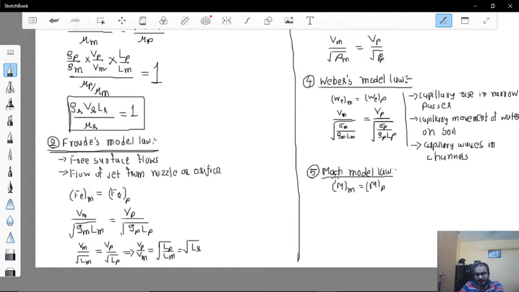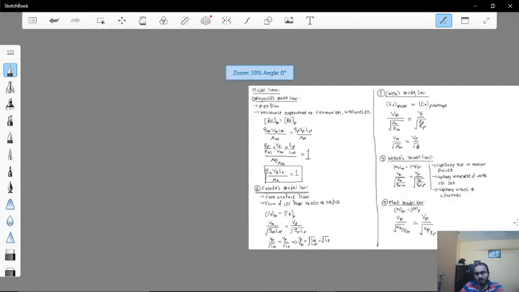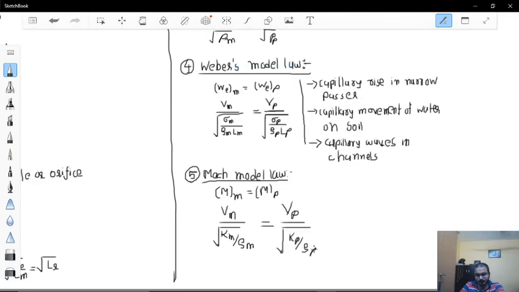So here we can say that Vm divided by square root of Km upon rho m is equal to Vp upon square root of Kp upon rho p, and this is applicable in case of flow of aeroplane and projectiles.